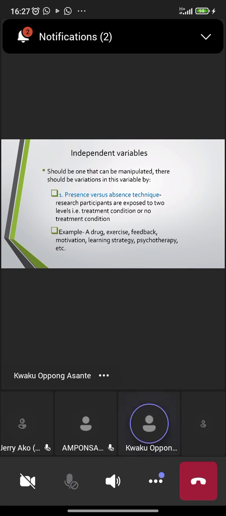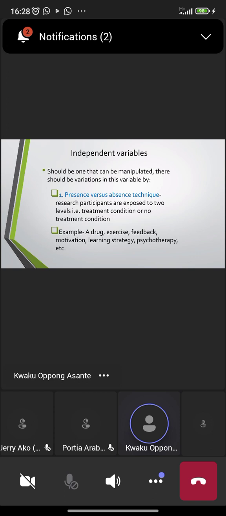We want to find out how tutorial attendance influences academic performance. So we can create two groups, those who attend tutorials and those who do not attend tutorials. In this simplest form, these are the two levels in which we can vary the independent variable. So the presence and absence.